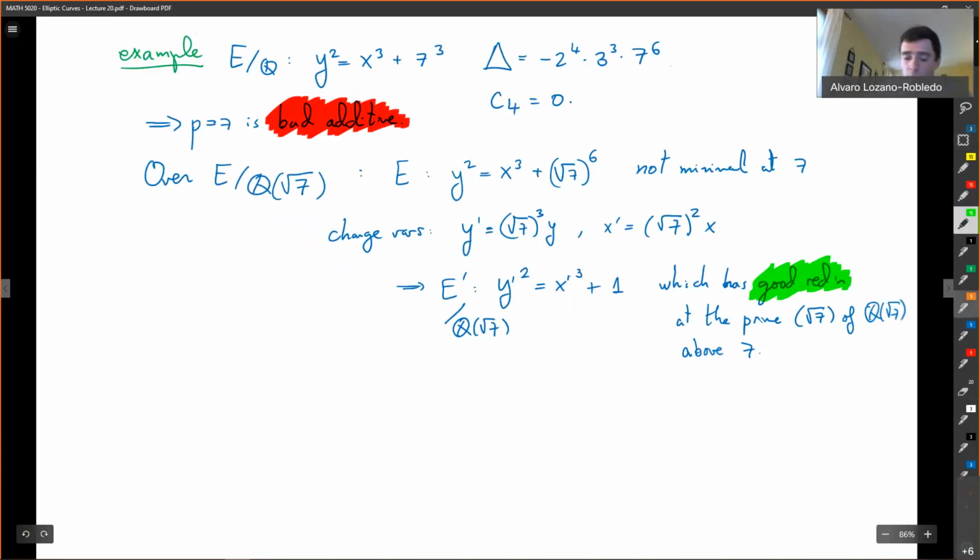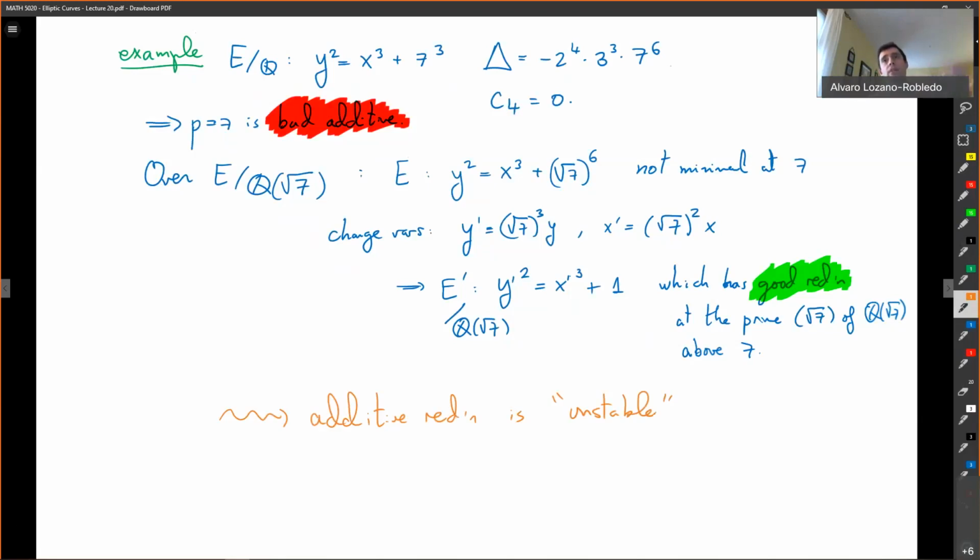So this is why we say that additive reduction is unstable, in that you can go up by an extension and get rid of that additive reduction. However, good reduction stays stable on extensions, and multiplicative reduction is semi-stable in that you can go from non-split to split reduction.